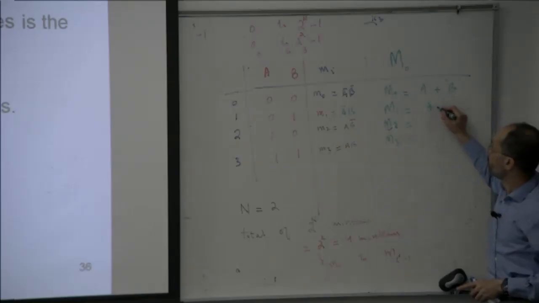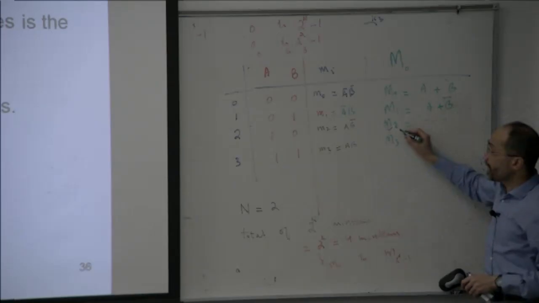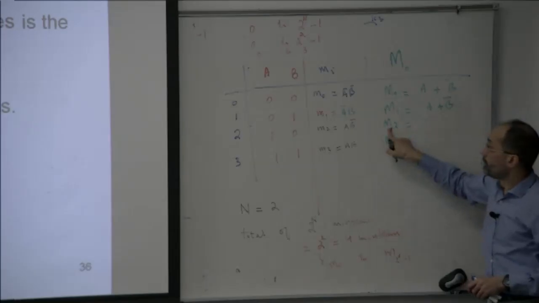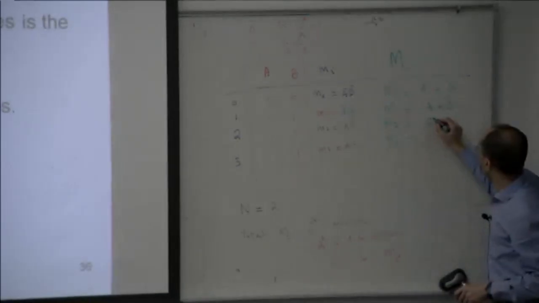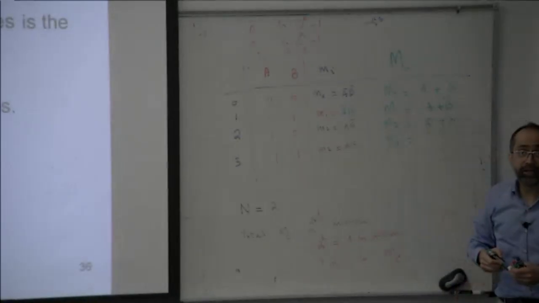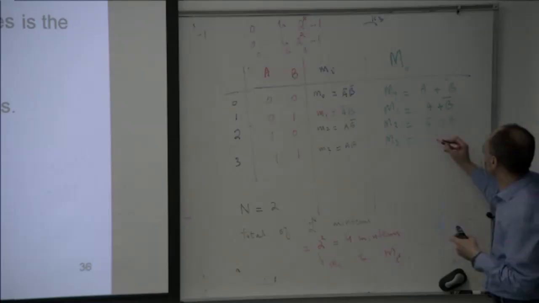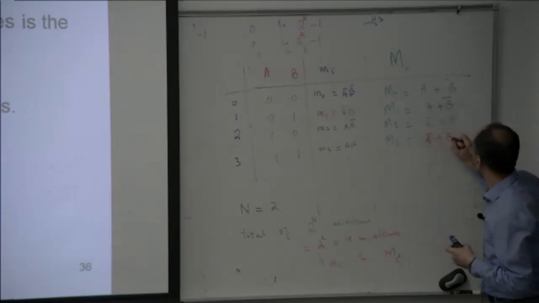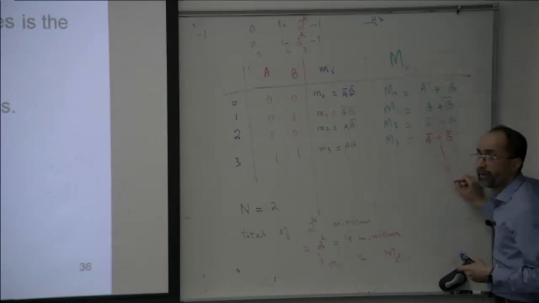A, very good, plus B bar. And then, what is M2? This is 1, A bar, very good, plus B. And what about M3? A bar plus B bar. Why is it a max term? Because we have a plus here.